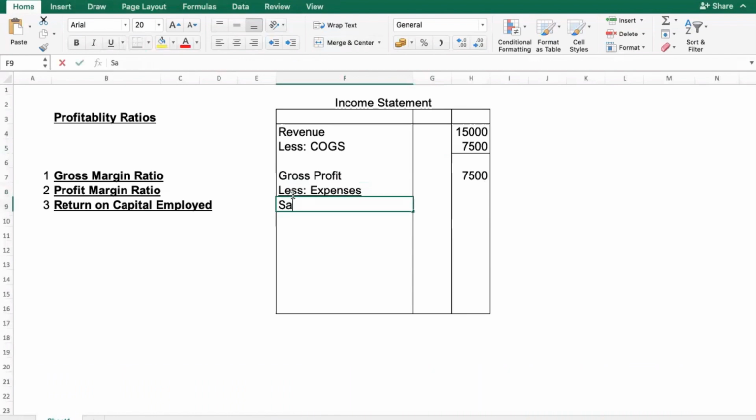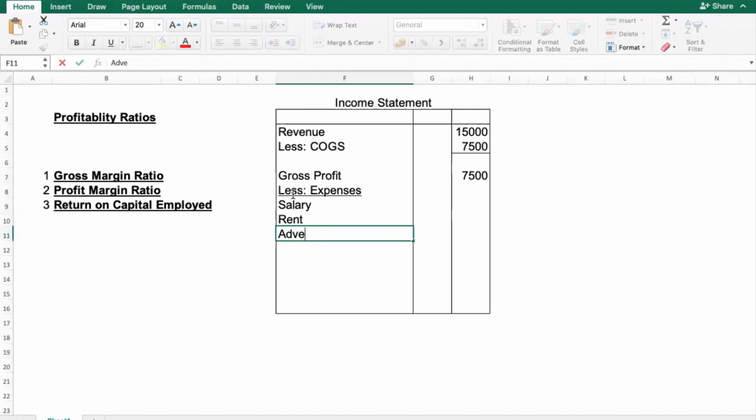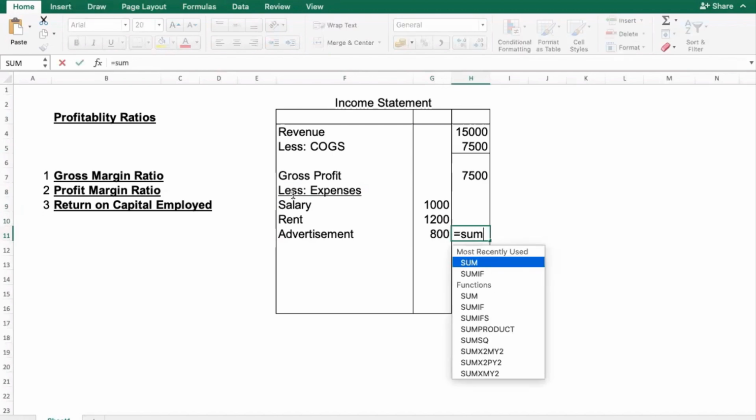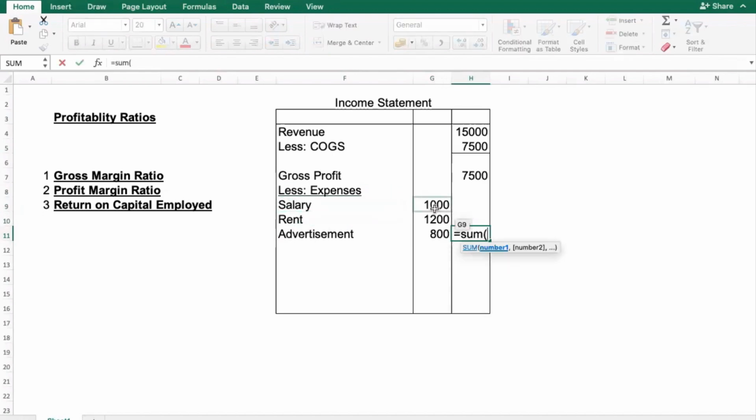Let's say salary 1,000, rent 1,200, advertisement 800. The total of my expenses comes to $3,000.